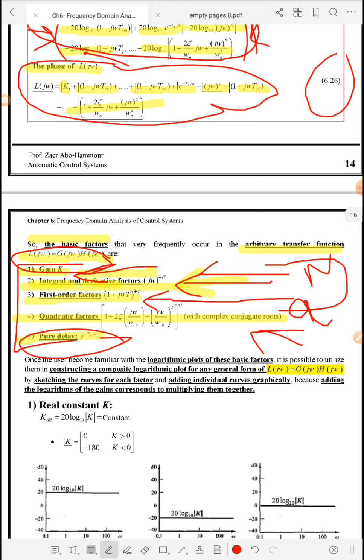So if we know how to draw each of the 5 basic factors, their Bode plot or frequency response plot, then we can add or subtract them depending on whether they are in the numerator or in the denominator. In the numerator we add, in the denominator we subtract. Then we can construct the Bode plot of any general loop transfer function L of GH, and this is written in this phrase.